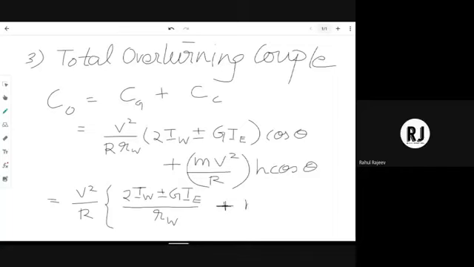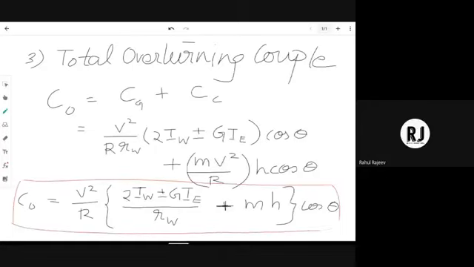So remaining will be m, and cos theta is also common. So one more term h whole multiplied by cos theta. This is the total overturning couple. Clear അല്ലേ? Yes, sir.